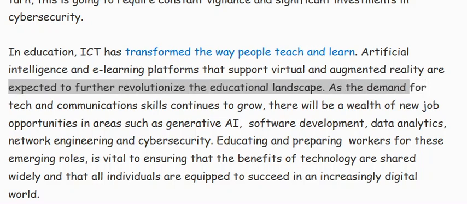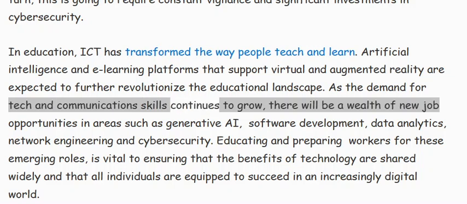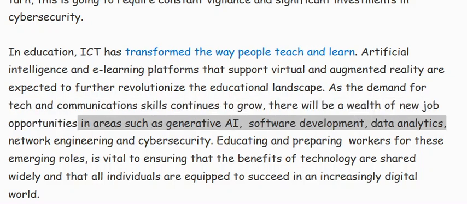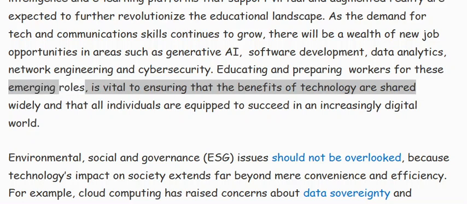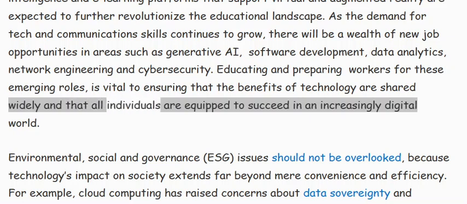As the demand for tech and communications skills continues to grow, there will be a wealth of new job opportunities in areas such as generative AI, software development, data analytics, network engineering and cybersecurity. Educating and preparing workers for these emerging roles is vital to ensuring that the benefits of technology are shared widely and that all individuals are equipped to succeed in an increasingly digital world.